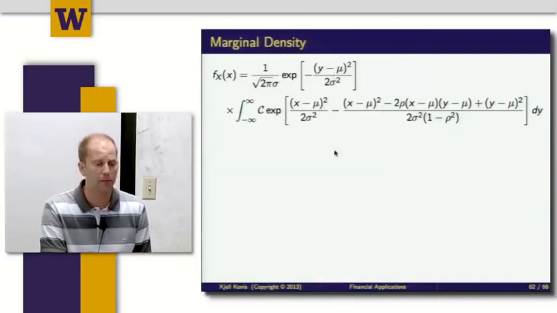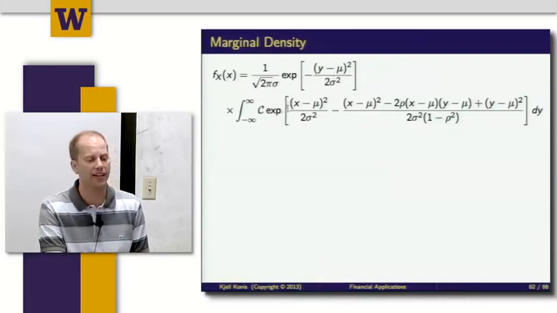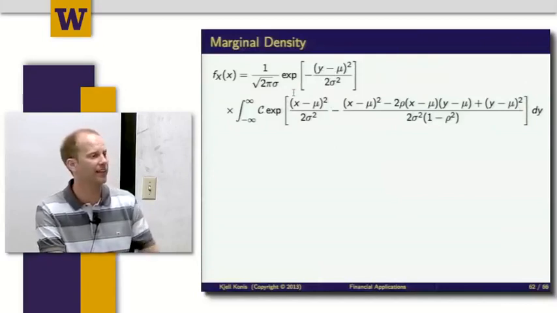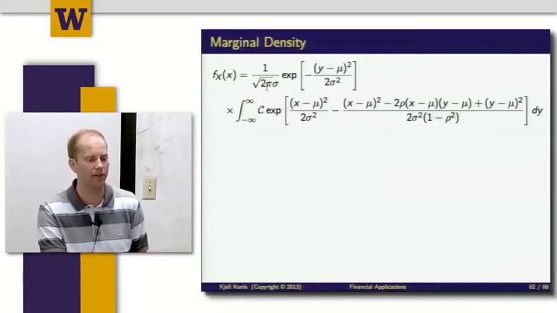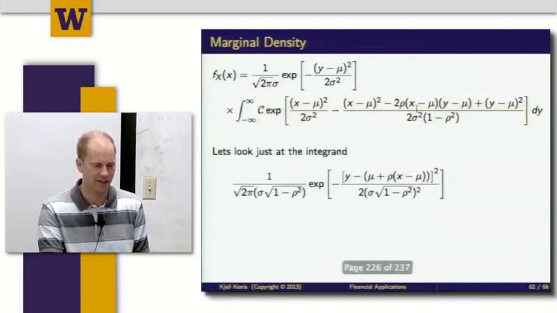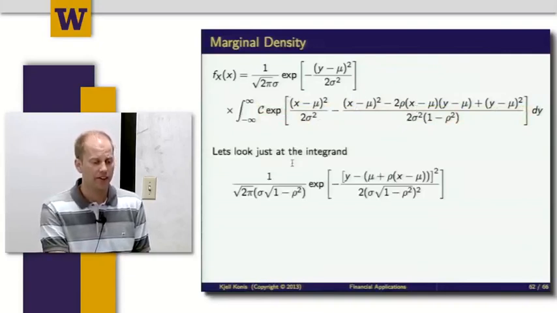And now I'm going to plug this back into my square brackets here. So this is what we had at the end of 2 slides ago. This was a thing where I said I want to show that this integral is equal to 1. And I want to look just at the integrand. So that's the c times the thing in the square brackets.